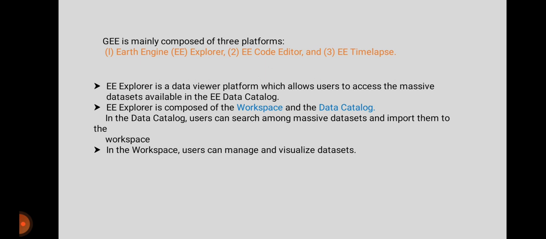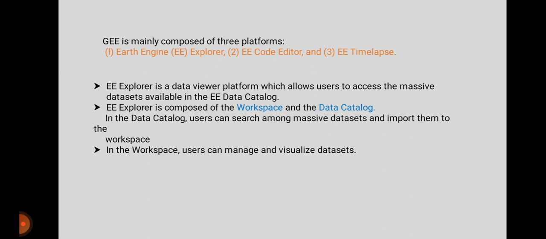Google Earth Engine is mainly composed of three platforms: Earth Engine Explorer, Earth Engine Code Editor, and Earth Engine Time Lapse. Coming to Earth Engine Explorer, it is a data viewer platform which allows the user to access the massive data sets available in the Earth Engine data catalog.